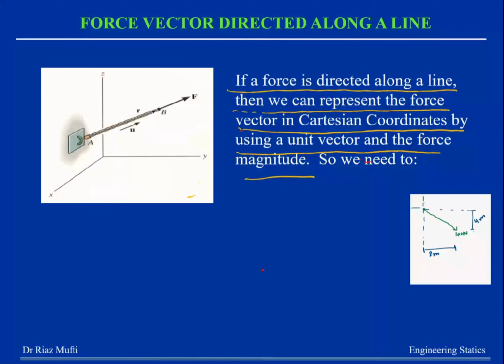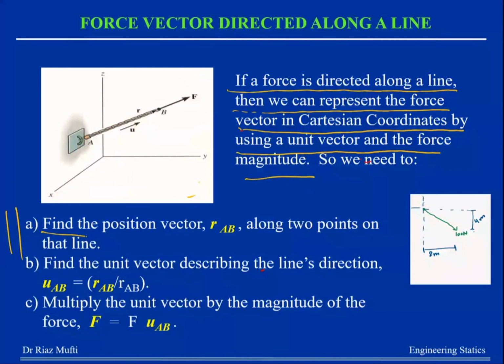So, how to do that? Find the position vector RAB along 2 points on the line. So, RAB, I've got a line here. Let me make sure the concepts are clear. I've got points A and B, the position vector of AB. I've got another point C here.